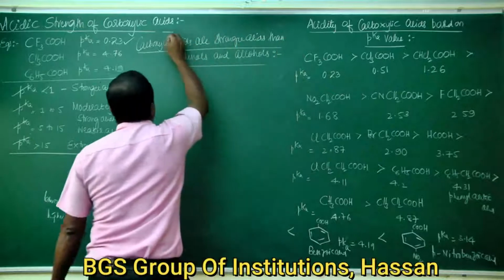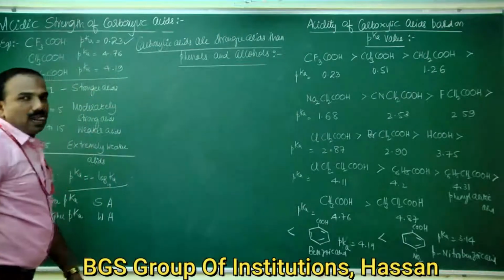Carboxylic acids are stronger acids than phenols and alcohols.